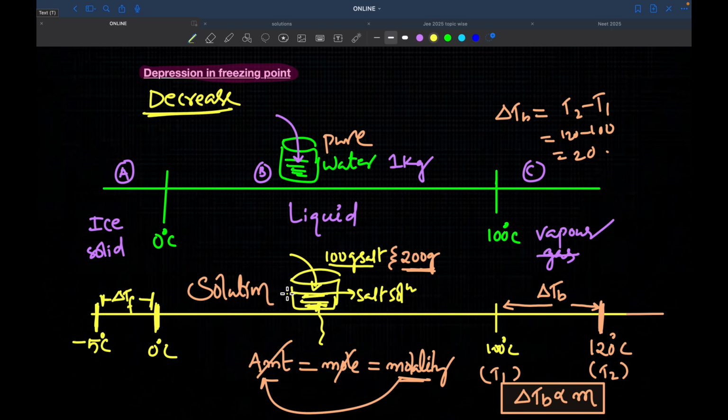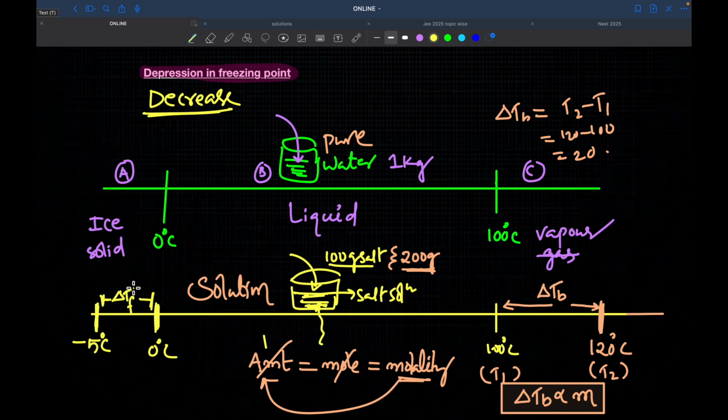When you keep water to freeze in the deep freezer, the temperature removes the heat from the water, so the temperature lowers further. If it is only water, you are only decreasing the temperature of the water. But if it has some salt dissolved in it, it has to lower the temperature of the salt also. So therefore, it decreases.